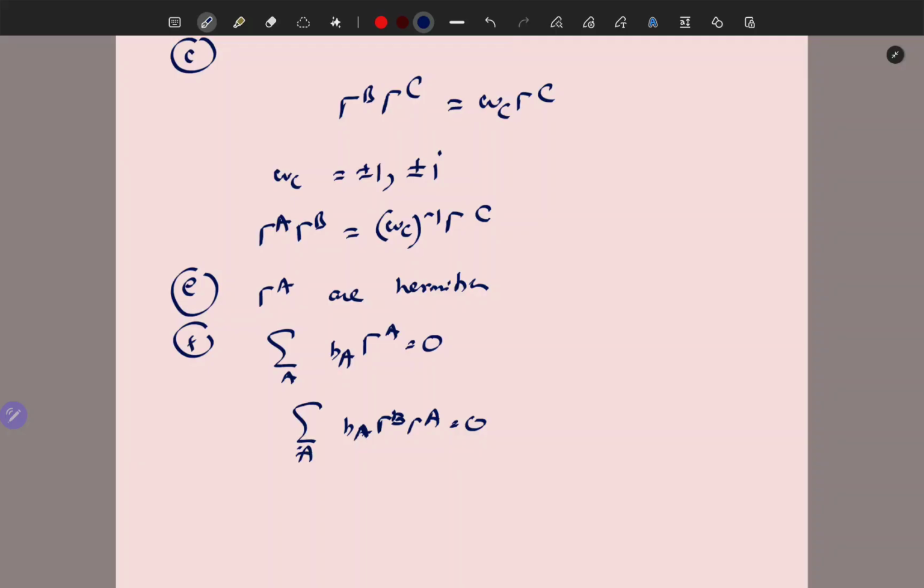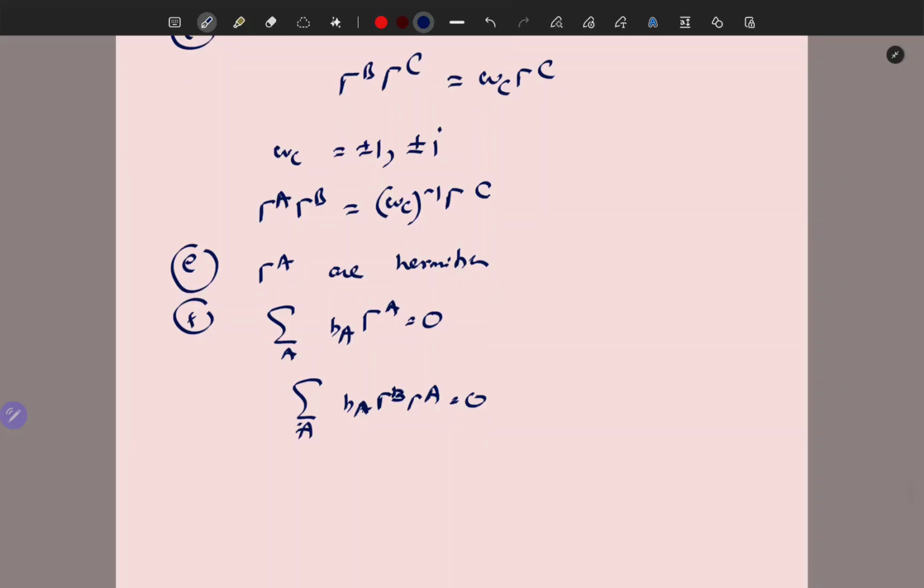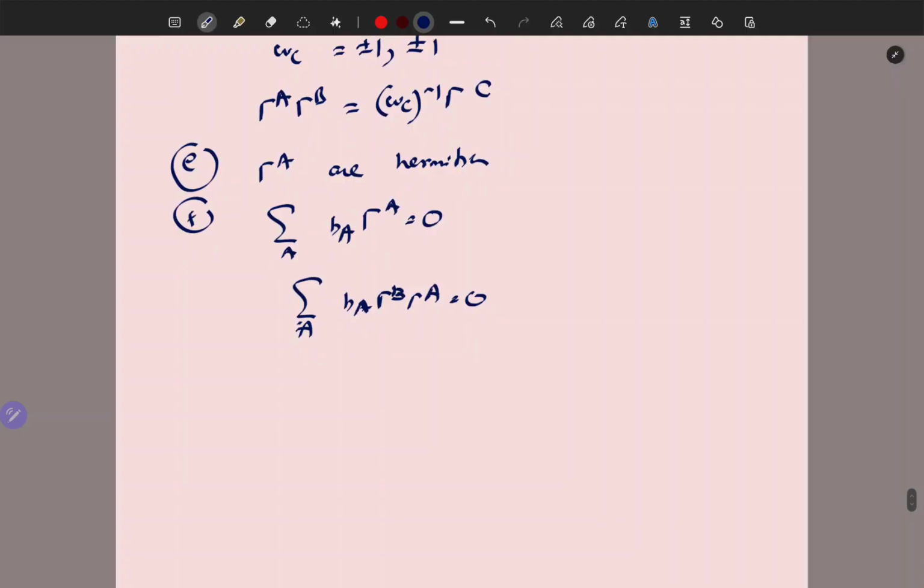In the sum over A, we isolate A equal to B and use gamma A squared equal to I and consequently gamma A inverse equal to gamma A to obtain b B plus the summation over A not equal to B of b A gamma B gamma A equal to 0.